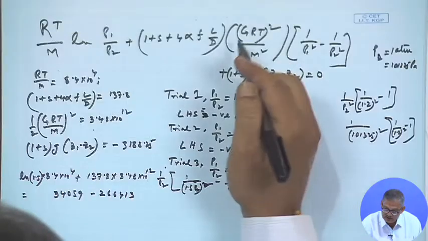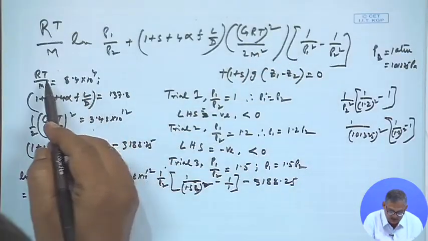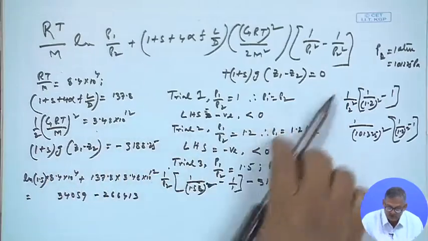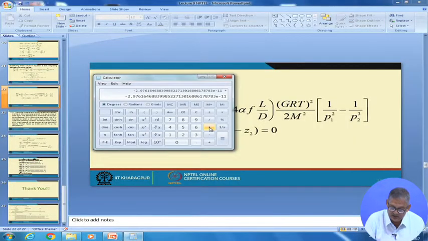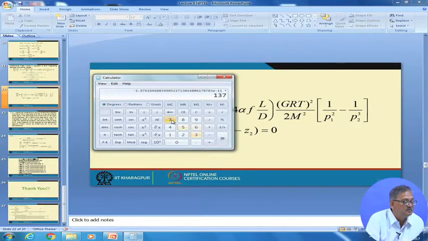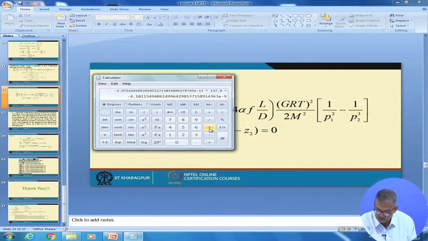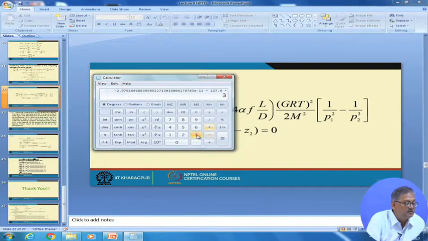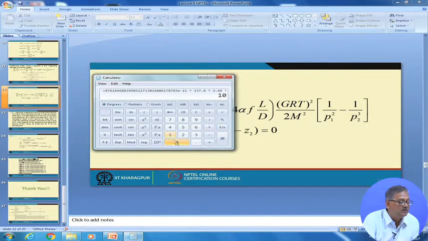we had this value, where this one 3.48 into the 12 and 137.8 into 3.48 into 10 to the power 12.